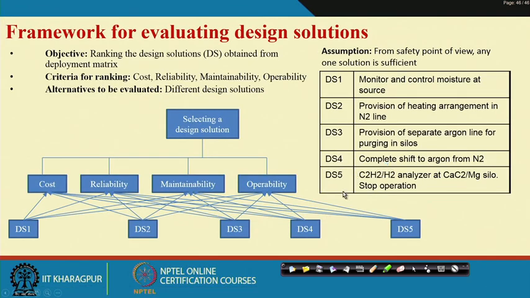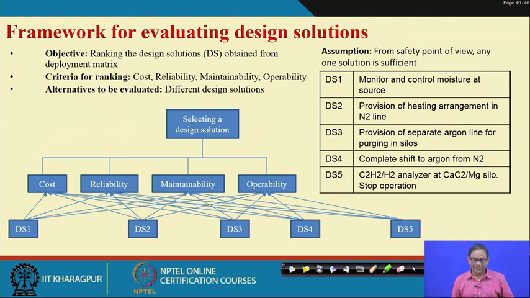Now, I will relate this to the previous lecture. In the previous lecture, we discussed safety function deployment, and the sole purpose of that was to find out design solutions that will help in reducing the risk to an acceptable level, provided the solutions are implemented.